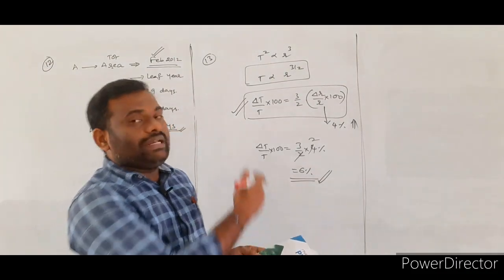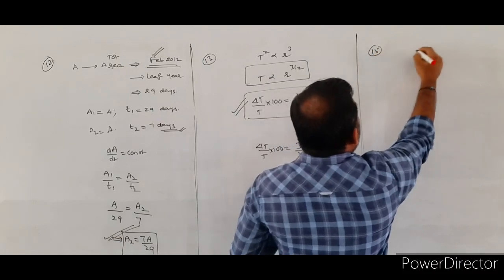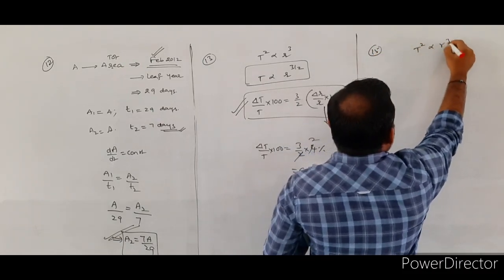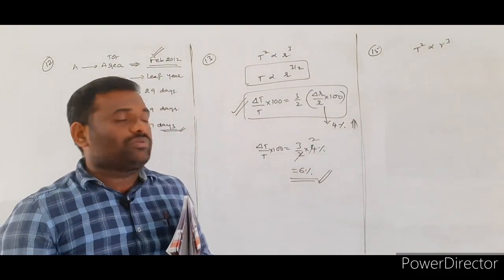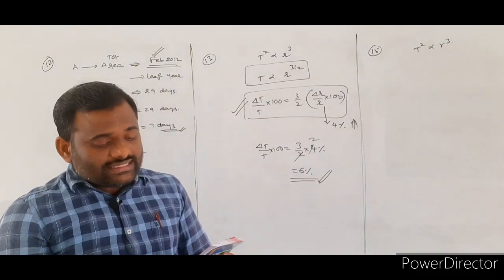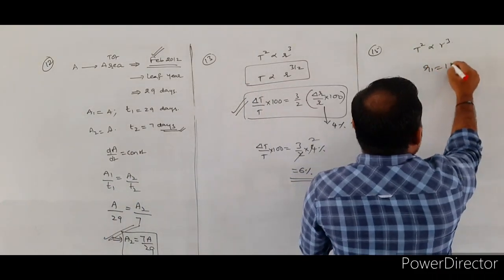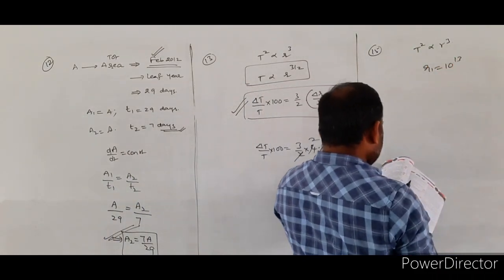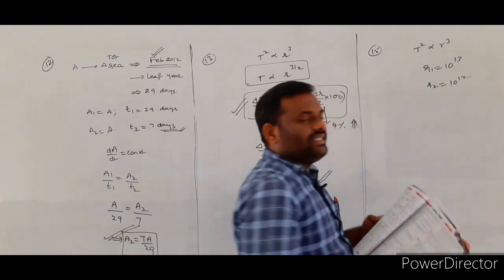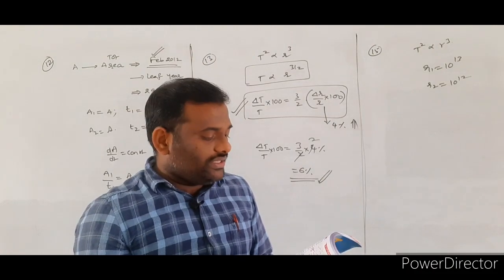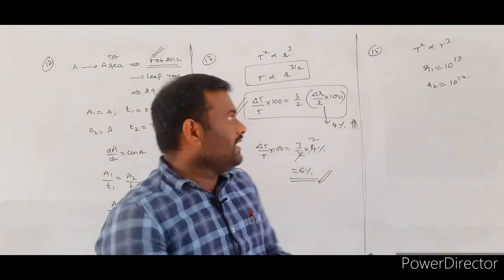It also depends upon the same formula. T square is directly proportional to R cube. The square of the time period of revolution is directly proportional to R cube. The distances mentioned are R1 equal to 10 power 13 and R2 equal to 10 power 12. They are asking for the Tn by Ts value.